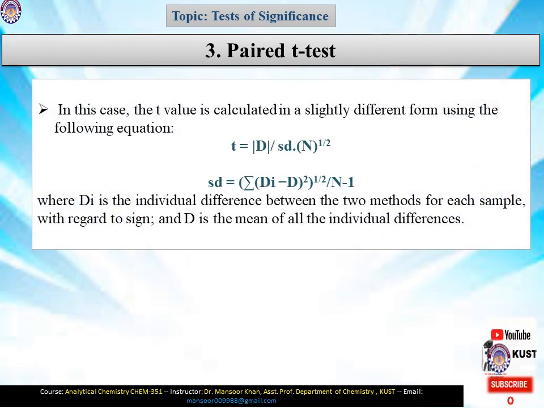The example will tell us how this test can be applicable.